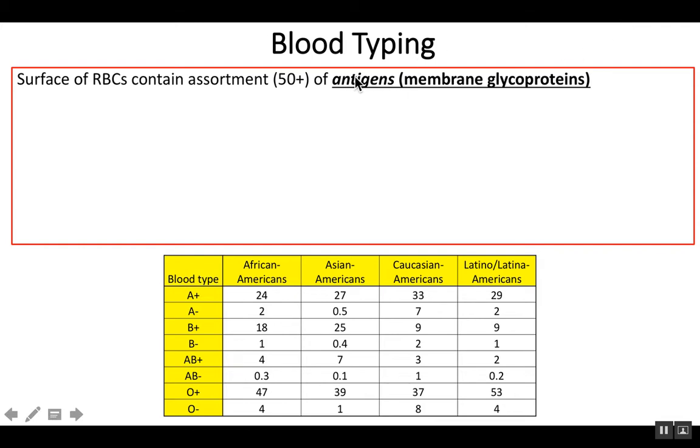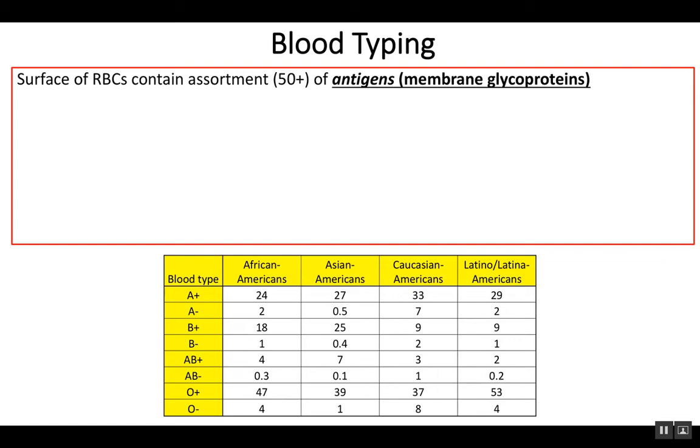And that might be a little confusing because you may have heard that antigens are foreign entities to your body, like a virus or bacteria. But these are not foreign to you. So why are they called antigens? They're called antigens because they could act as foreign entities when placed in someone that is not compatible.